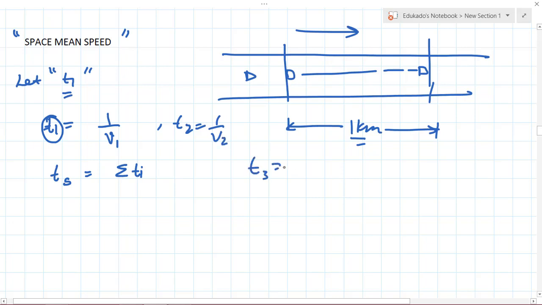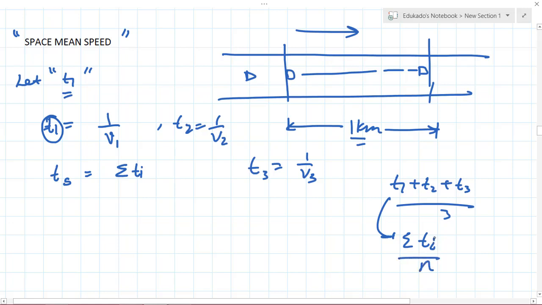For the third vehicle, T3 equals 1 upon V3. If I average everything out, it will be T1 plus T2 plus T3 divided by 3. For n number of vehicles, I can write it as sigma of Ti divided by n. That's what I'm trying to write over here.